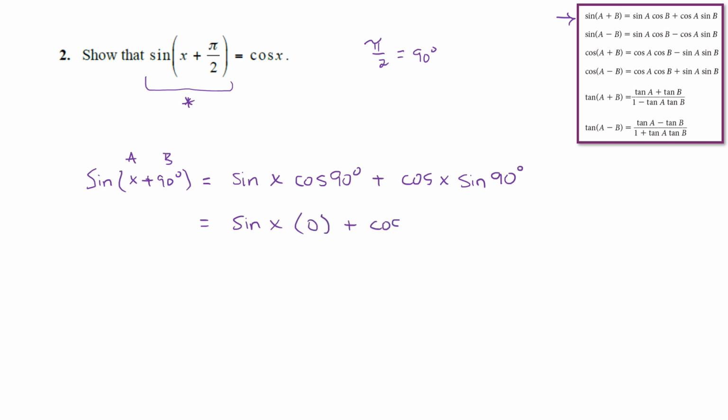We don't know cosine x, and the sine of 90 degrees is 1. Anything times 0 is 0, so we know this is canceled. And cosine x times 1 gives us cosine x. And so we just showed that the sine of x plus pi over 2 equals cosine x.